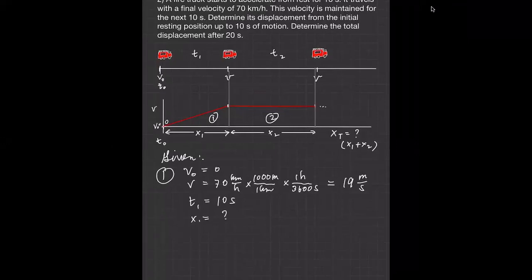Recall the kinematics equation. I think we can use equation number 1. Oh no, I think that's not right. Recall your kinematic equations. I think equation number 4.